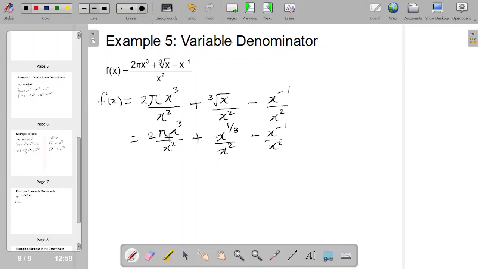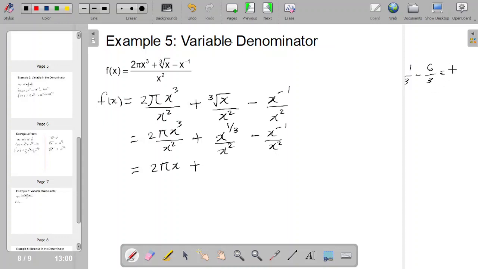And now we have to apply the laws of exponents. So 2 pi will get back, and remember, when you are dividing, you take one base and subtract the exponent. So you have x to the 3 minus 2, which is 1, invisible 1, and then you have 1 over 3 minus 2, which can be written as 1 over 3 minus 6 over 3.